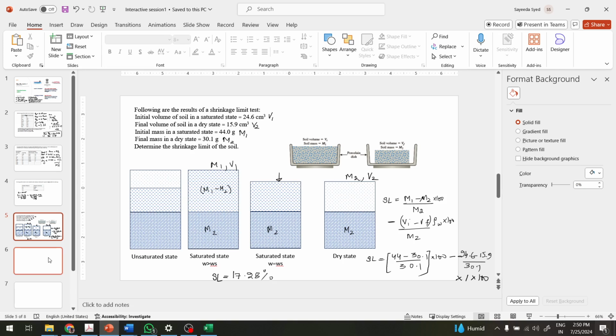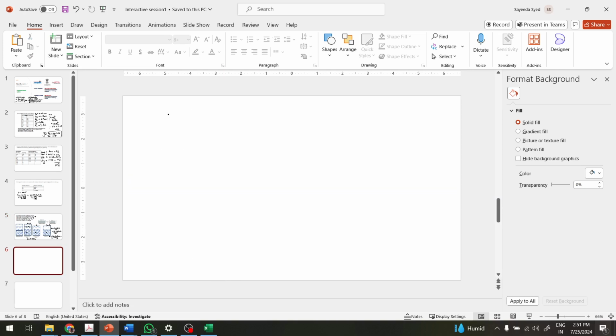So basically, let me show you what this formula is doing actually. You have these consistency limits, you will have water content here, and you will have volume change here. This is the shrinkage limit, and you will have a plastic limit here, and you will have a liquid limit here, and we saturate it beyond, like, oversaturate it.